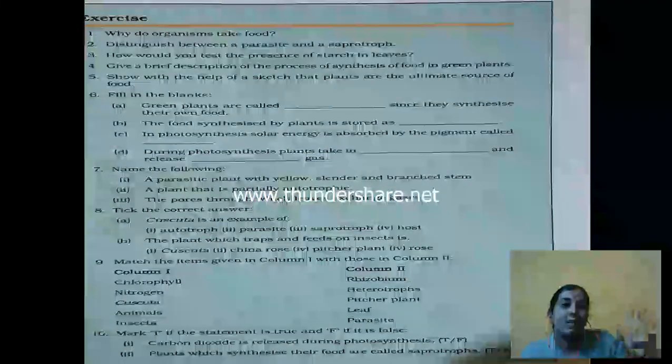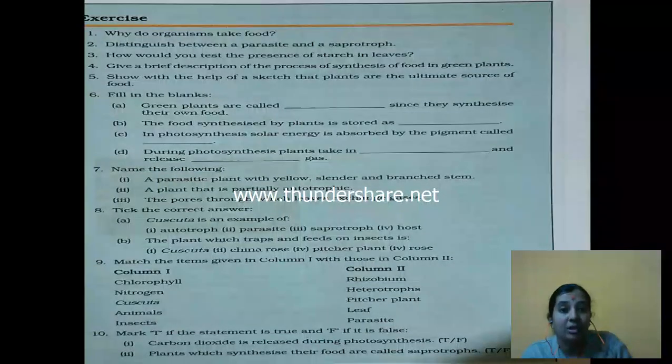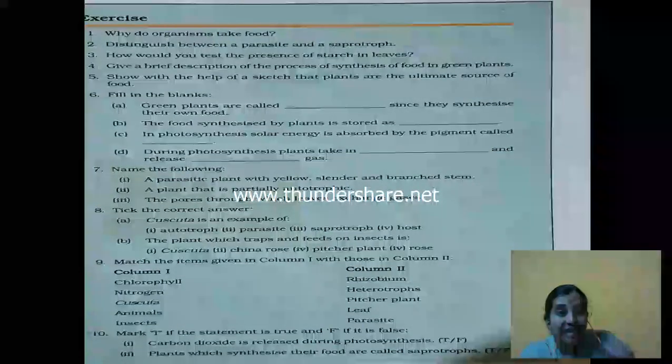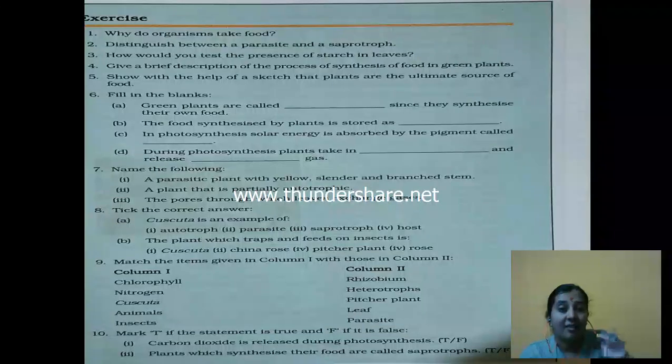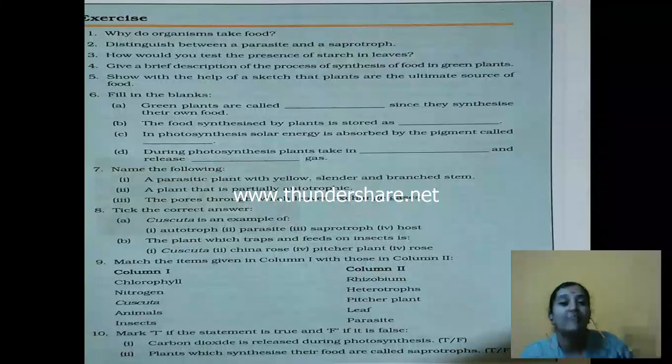It takes all the nutrients from the host. In case of a parasite it is depending on a living host, whereas in case of a saprotroph the organisms are depending on dead and decaying organisms. They are not dependent on living organisms for nutrition, they are dependent on dead and decaying matter.